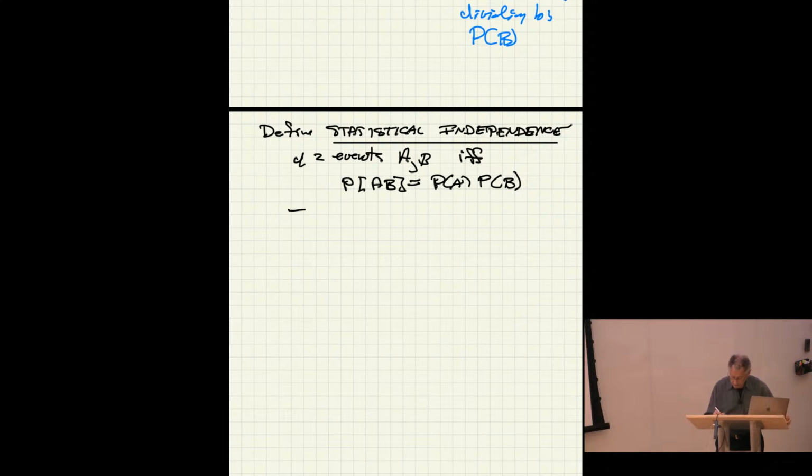And that implies that the probability of A given B is the probability of A. In other words, knowing that B occurred doesn't affect the probability of A occurring.